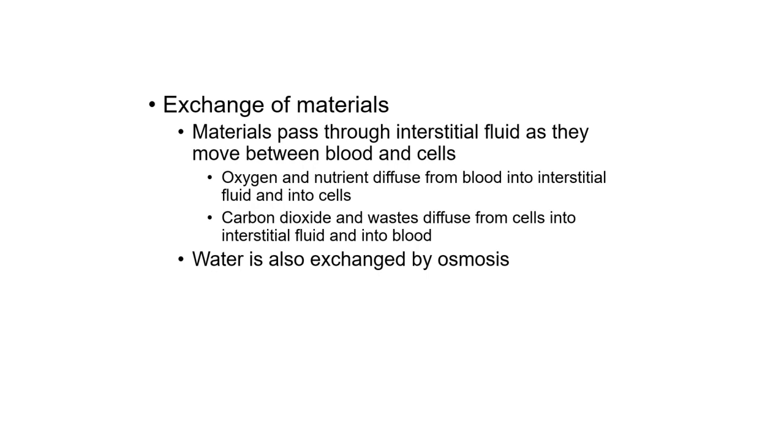It is carrying nutrients, waste, oxygen, all kinds of things back and forth to the corresponding tissues, organs, everything in your body. And we also have water being exchanged through osmosis. Remember osmosis? That is the movement of water across a semi-permeable membrane.